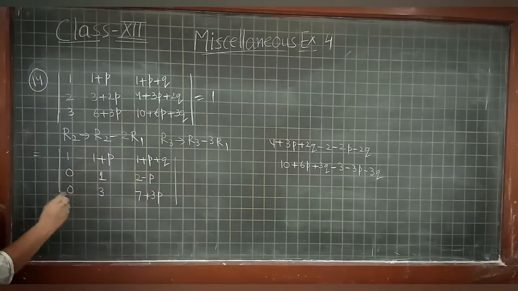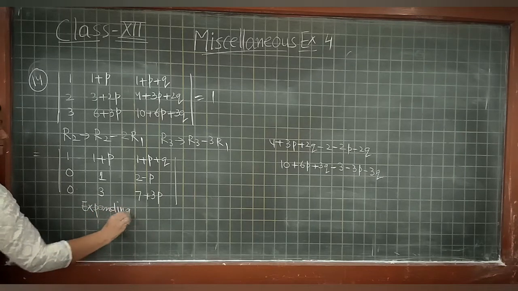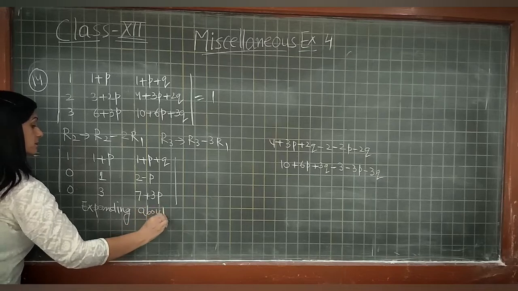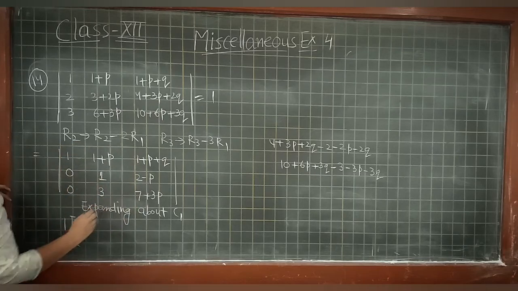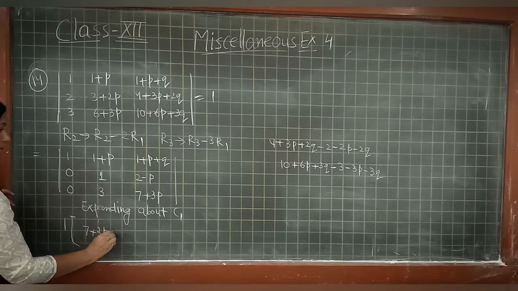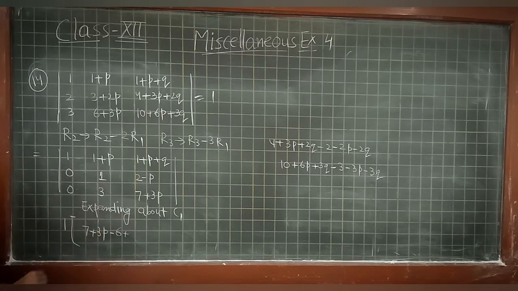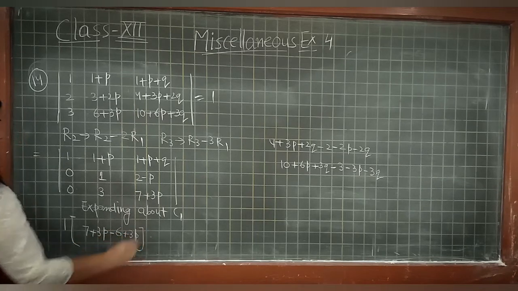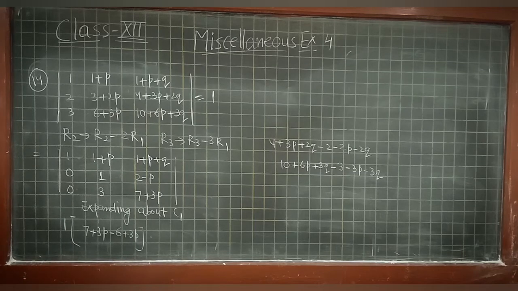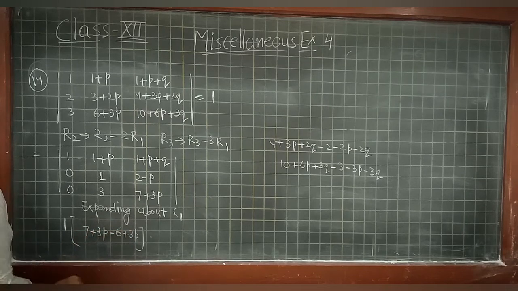Okay, now expanding about C1. You have 1 into 7 plus 3P minus 6 plus, minus, so it will be 7 plus 3P and you have to prove it equal to 1.